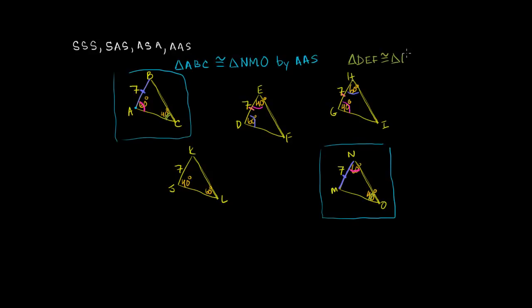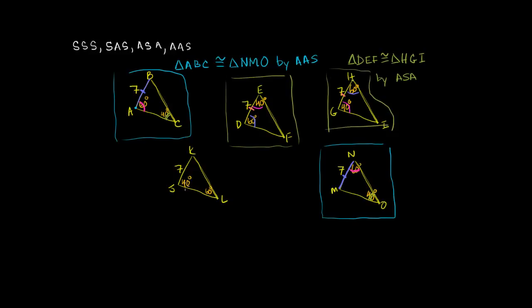So triangle H, and then we went from D to E. E is the vertex on the 40-degree side, the other vertex that shares the 7 length segment right over here. So we want to go from H to G to I, and we know that from angle, side, angle, by angle, side, angle. And so that gives us that character right over there is congruent to this character right over here.